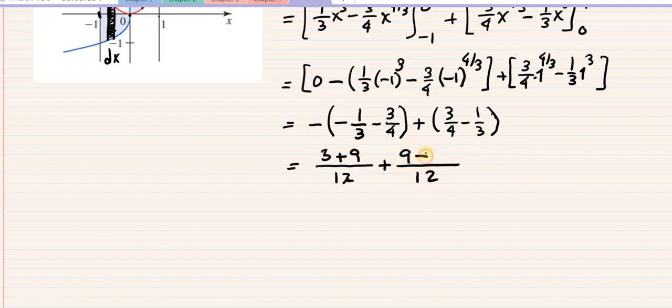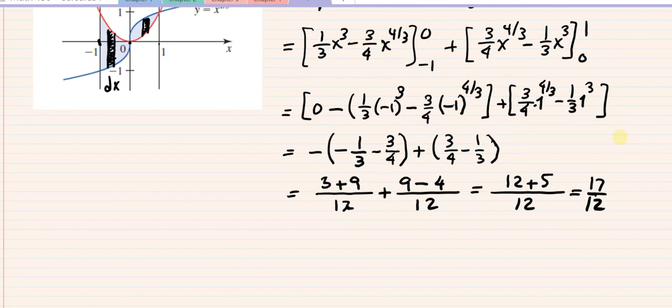That's 9 minus, multiply top and bottom of 1/3 by 4, you get 4. Okay, and there's 12. So the answer is going to be 12 minus becomes plus 12 plus 5, right? 12 plus 5, that would be 17 over 12. Let me just check my arithmetic, make sure everything looks good.